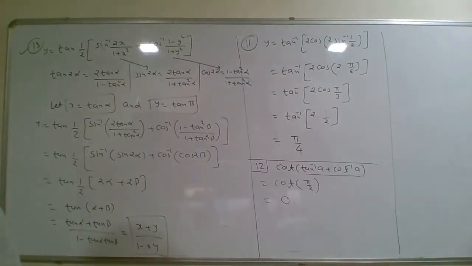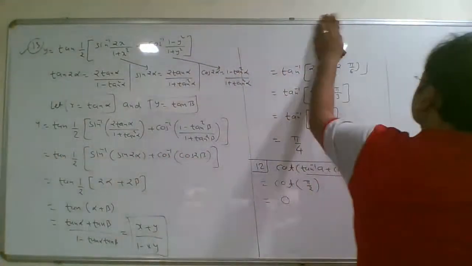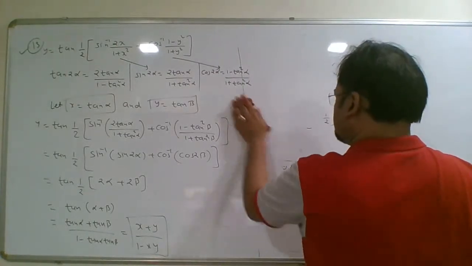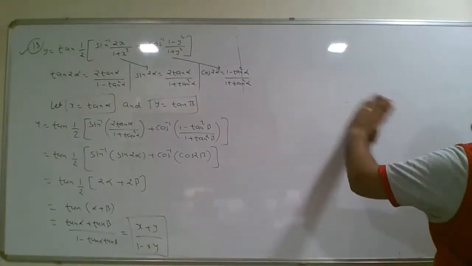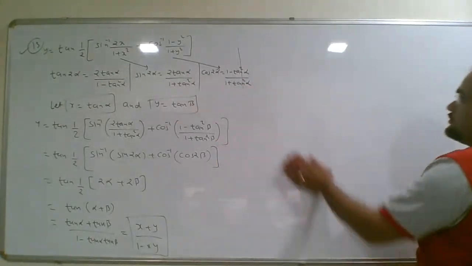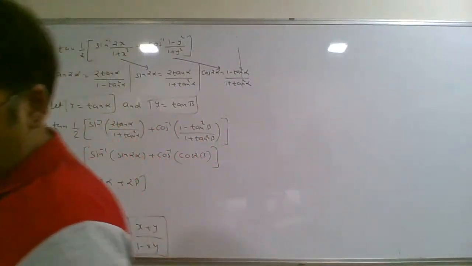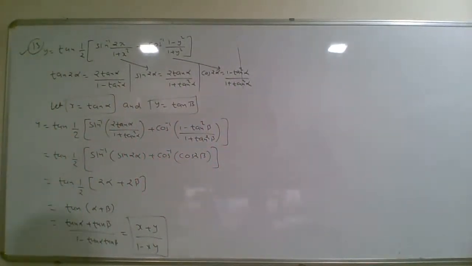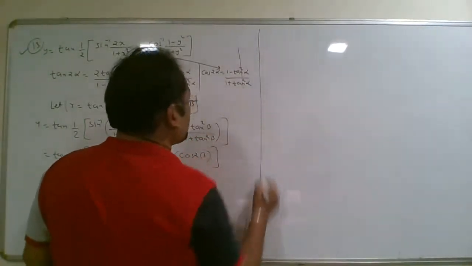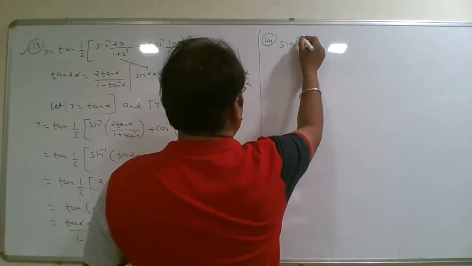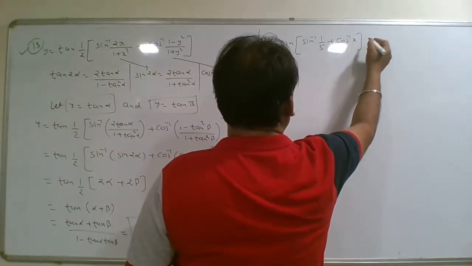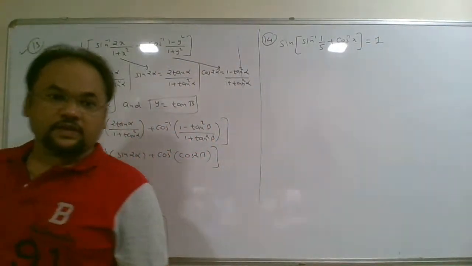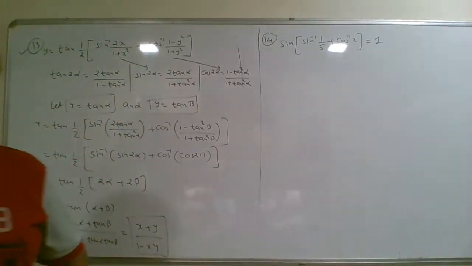Okay. So now question number 14. Sine of sine inverse 1 by 5 plus cos inverse x equal to 1.